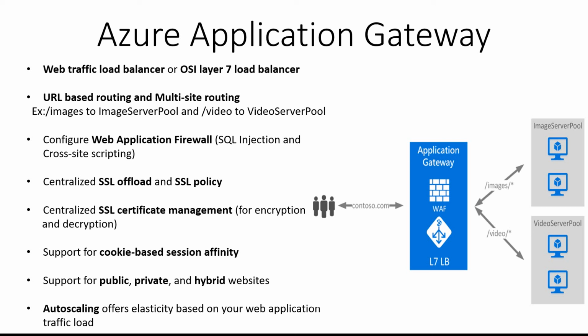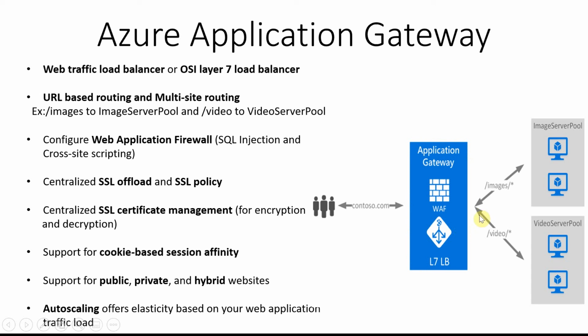One unique advantage is that it supports URL based routing and also multi-site routing. URL based routing can route the traffic based on various URLs. For example, let's take images and videos. When an end user hits, say, contoso.com, it comes to the application gateway.